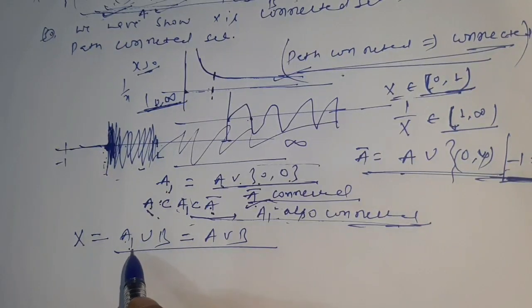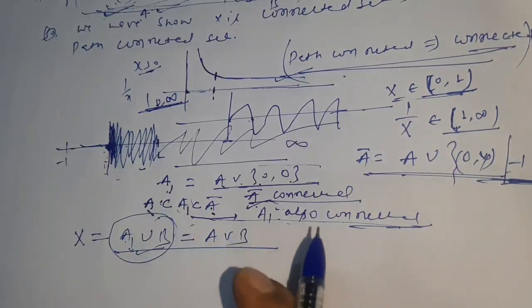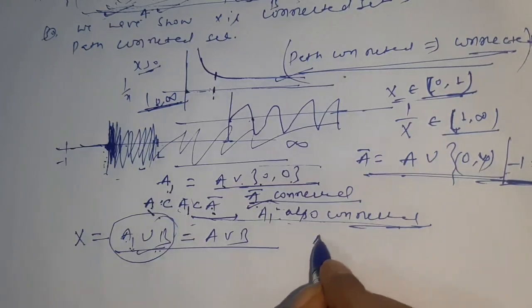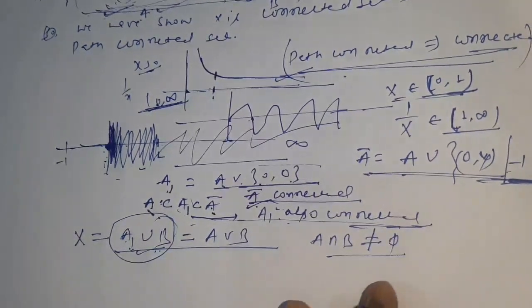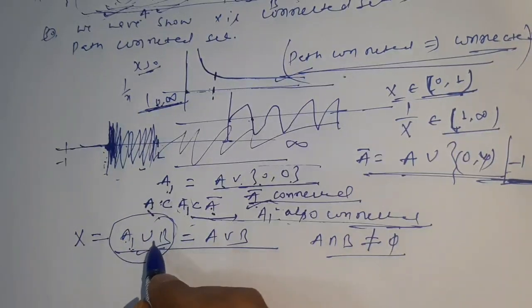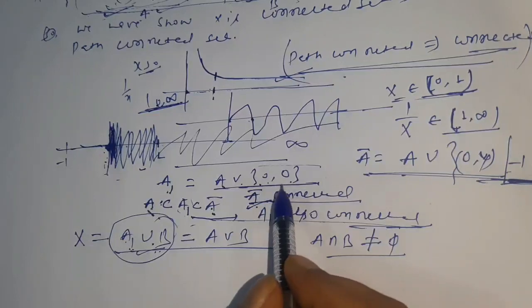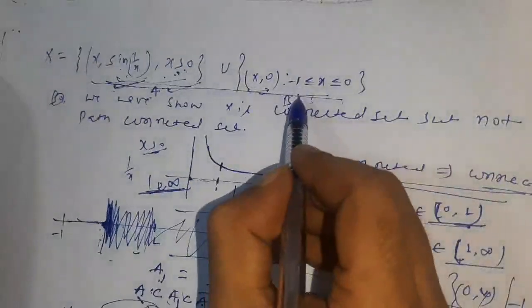This is a connected set, and this is a connected set, very well. We know how, because A1 intersection B is not equal to phi, because (0, 0) belongs to A1, and (0, 0) belongs to B also, whatever set B I have taken.